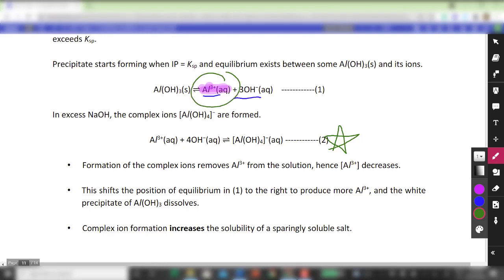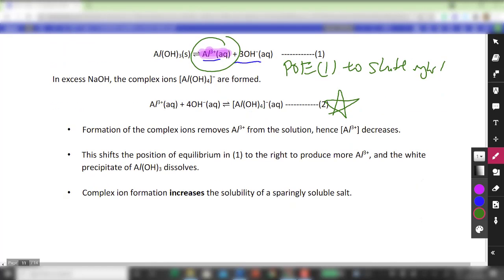When Al3+ is being removed from the first equilibrium, it will encourage the position of equilibrium of 1 to shift right, therefore increasing its solubility. So you can argue that the presence of excess OH minus leading to the formation of a complex encourages the solubility of the sparingly soluble aluminum hydroxide. Okay, yep.